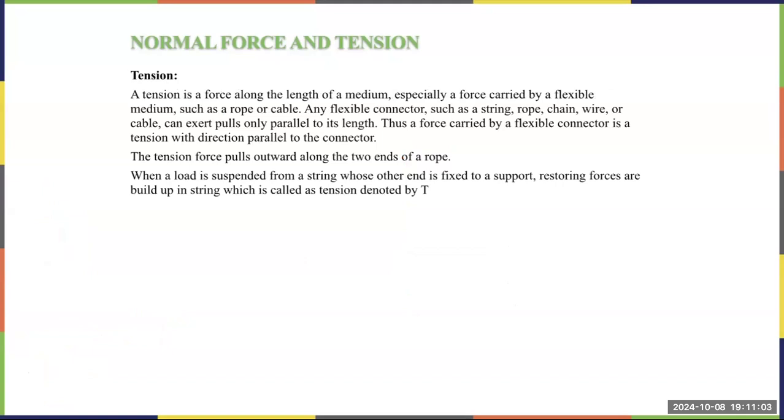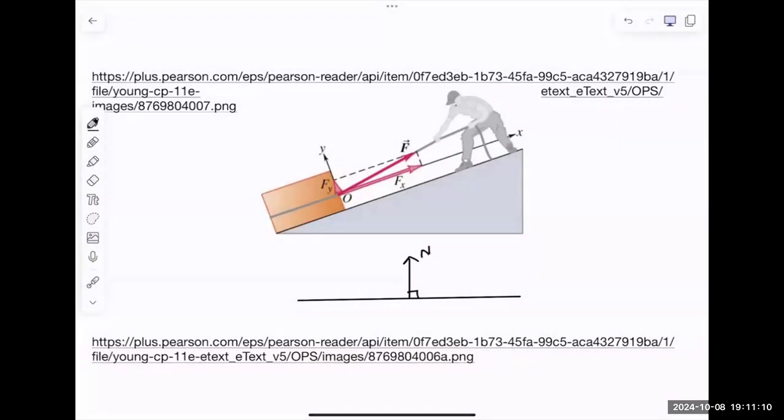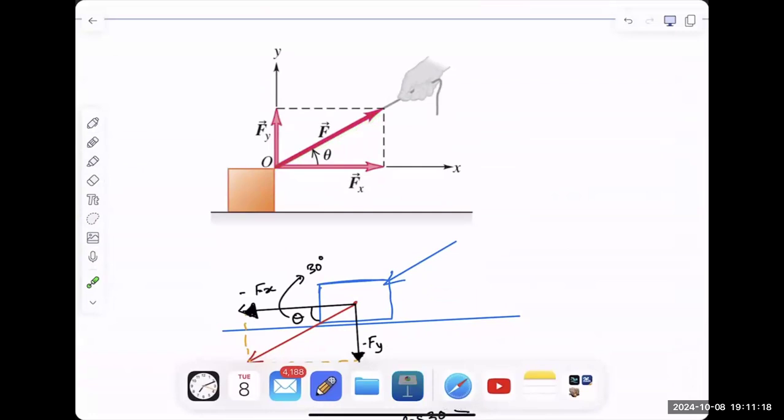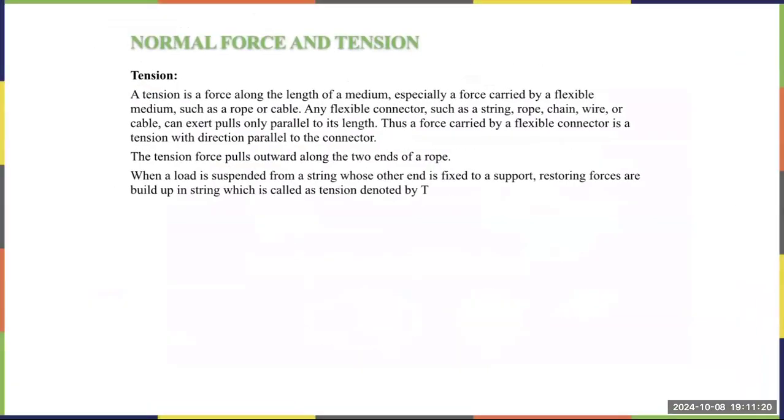And now, as we drew here in a free body diagram, there are forces acting on it in different directions. Now the next one is tension. What is tension? Tension is a force when we are using any medium to pull an object, meaning a rope or a string, right?